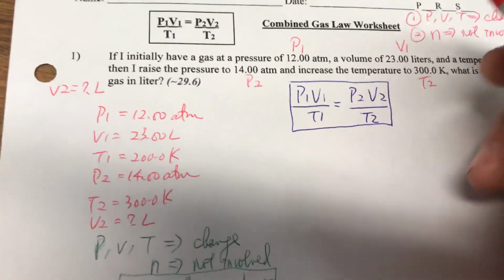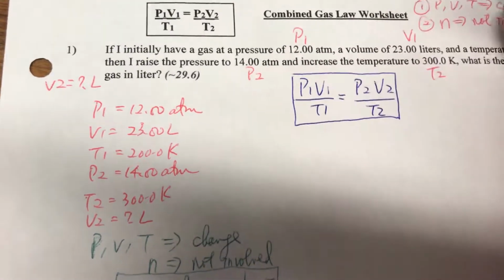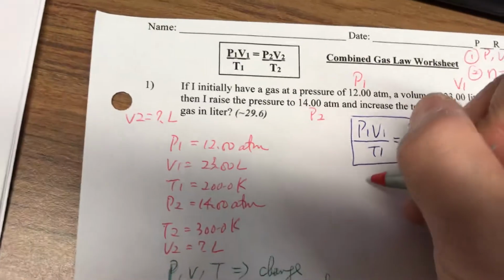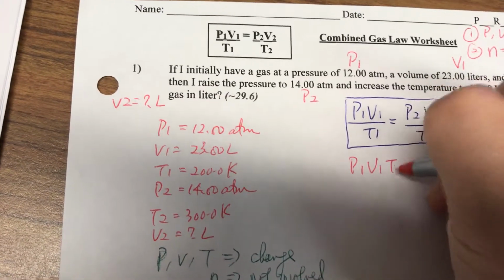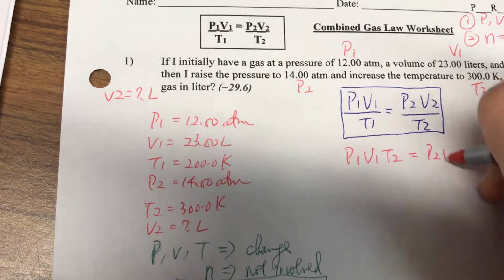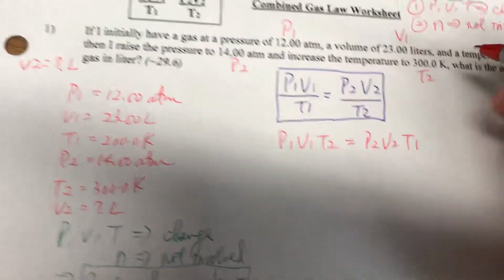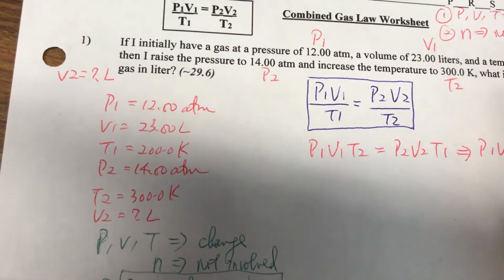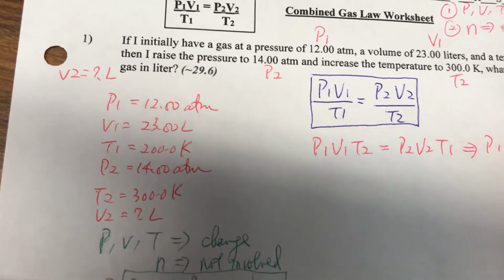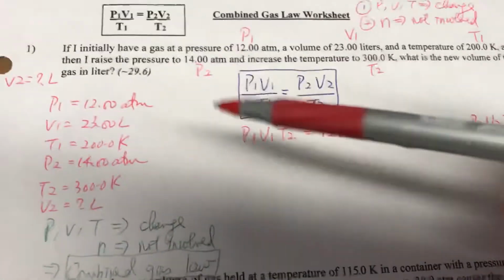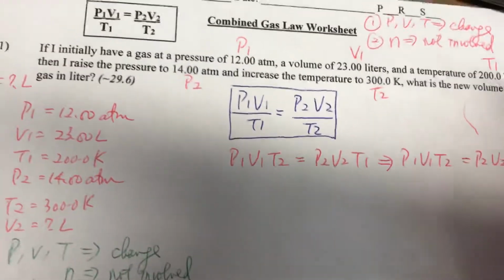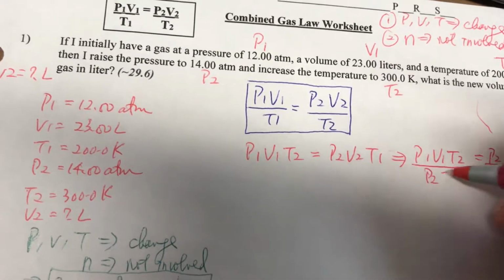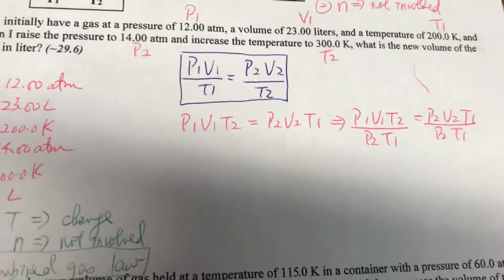Some people have a different way of rearranging the formula, but you have to show me your work for your rearrangement. I'm doing cross multiply. So P1 V1 T2 equals P2 V2 T1. Now, because I'm looking for my V2, I have to divide both sides by P2 T1.